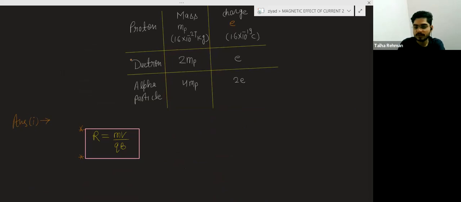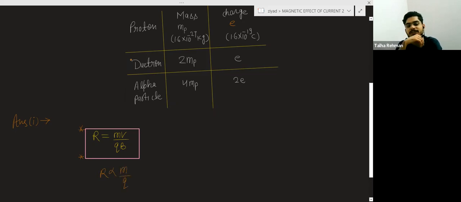So if three particles are entering a magnetic field with the same velocity, the radius will only depend upon the mass and the charge, the ratio of mass and charge. Why I am saying this? Because for the three charged particles the velocity is the same and the magnetic field is the same, so these things will become independent.